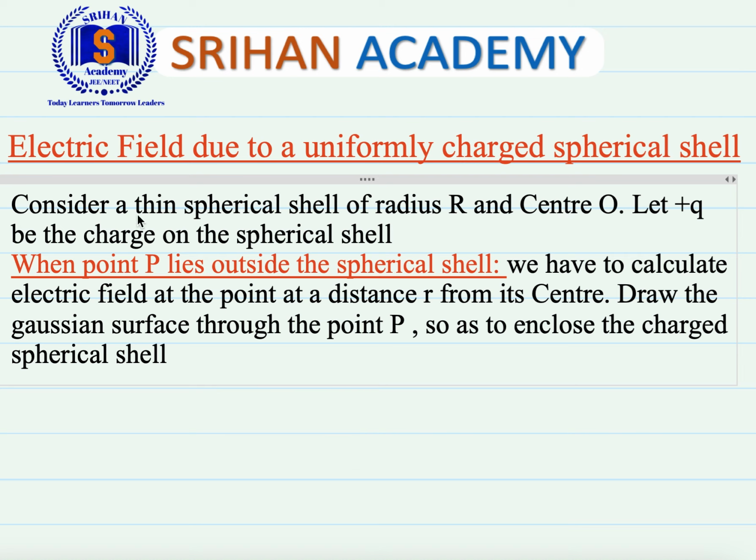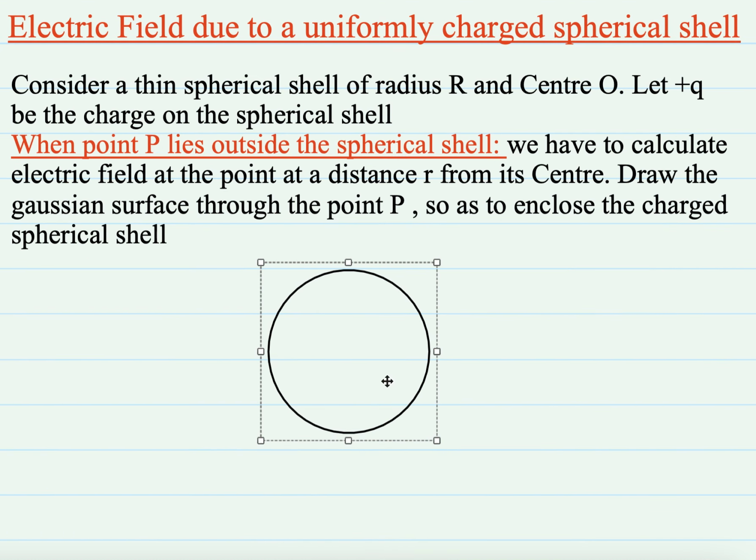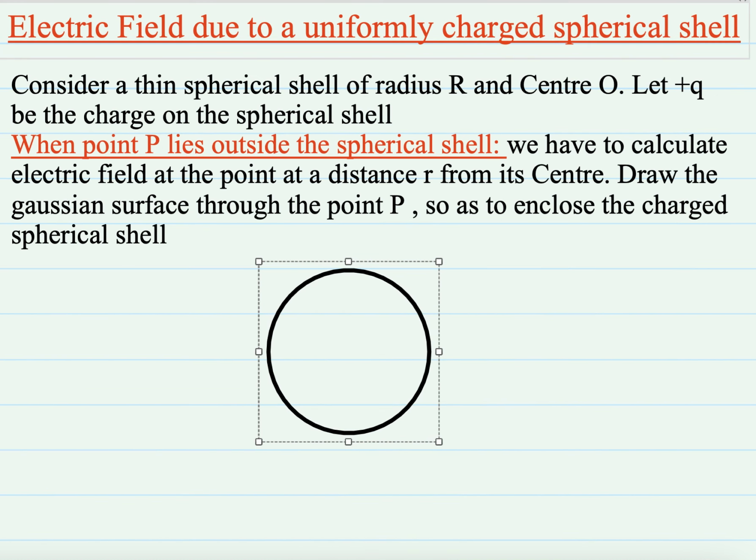Now consider a thin spherical shell of radius capital R and center O. Let plus Q be the charge on the spherical shell. So we'll take one charged spherical shell here, positively charged.